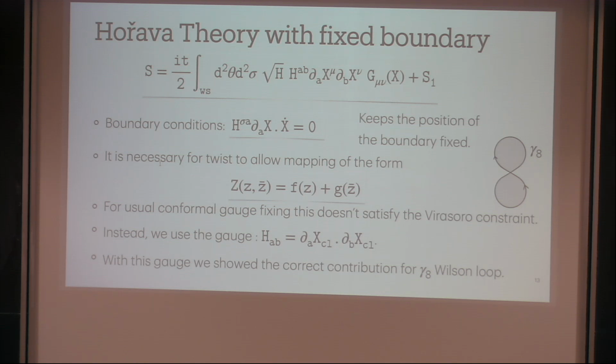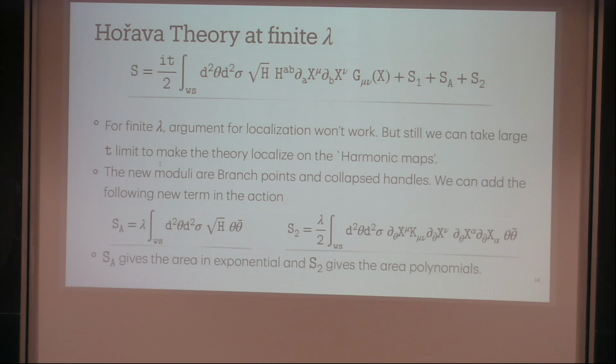With this gauge we showed that the figure 8 contribution comes out correctly, and it satisfies all the equations like equation of motion, boundary condition, and the Virasoro constraint. Now, after this open string example, we also tried to look at the finite lambda case, where other than these two terms, we had to add two extra terms, where the first term calculates the area, and the second term gives you the area polynomial, as I told you previously.